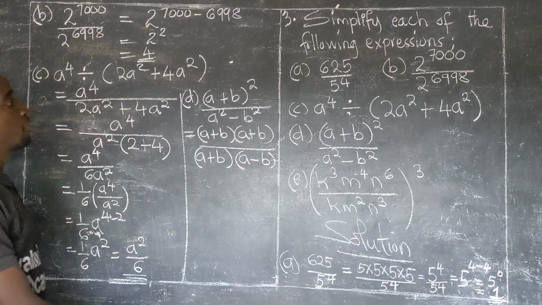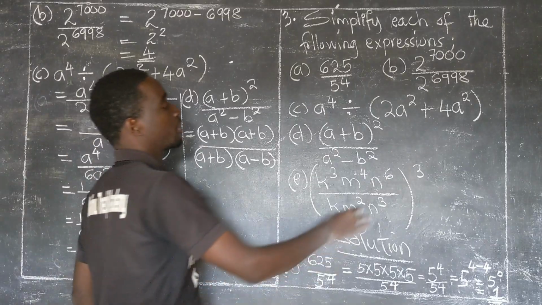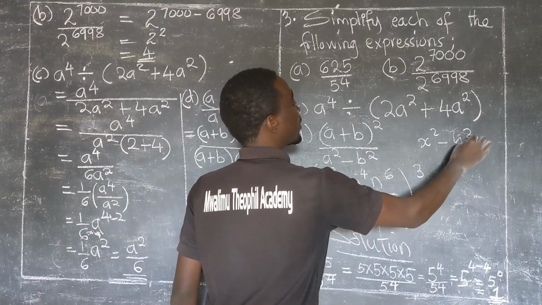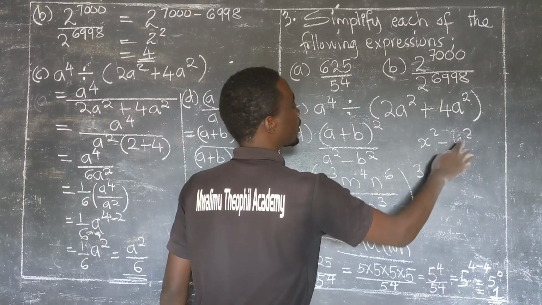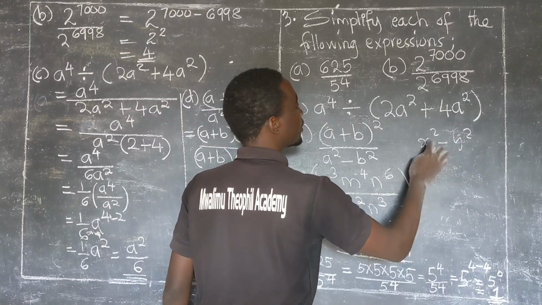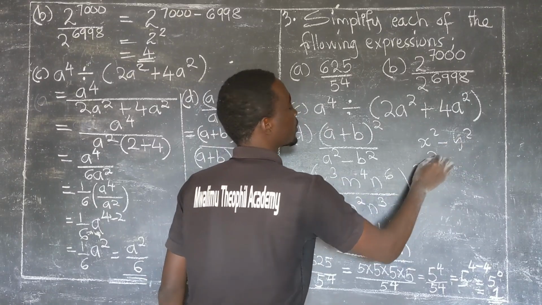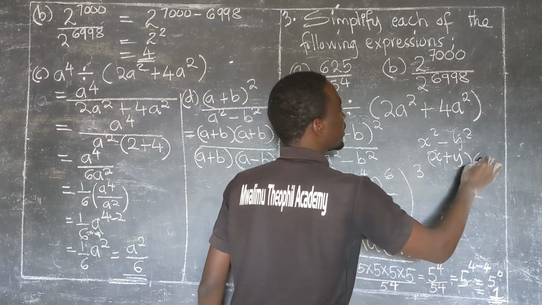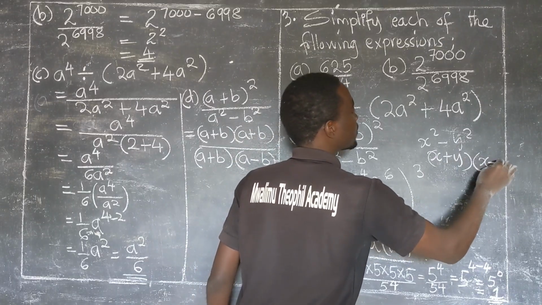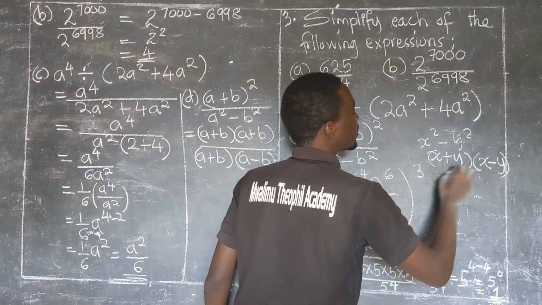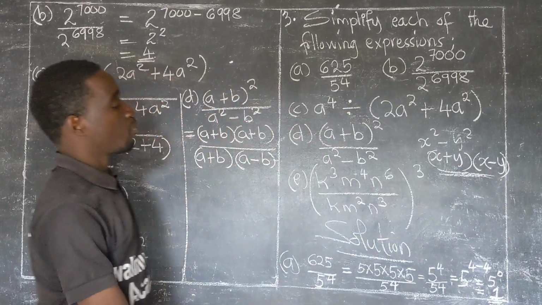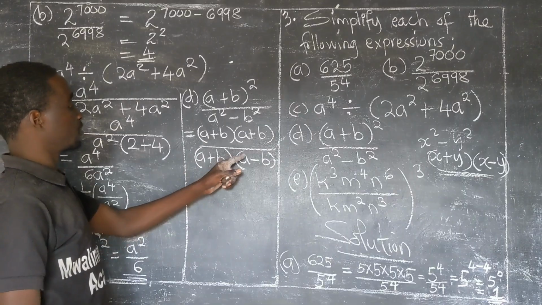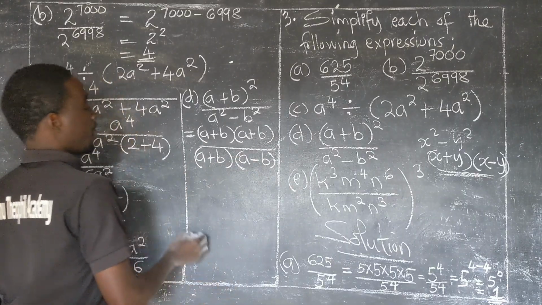This is the law of difference of two squares: if you have x squared minus y squared, you take the two numbers without the squares and write their sum times their difference. Now a squared minus b squared is equal to a plus b times a minus b.